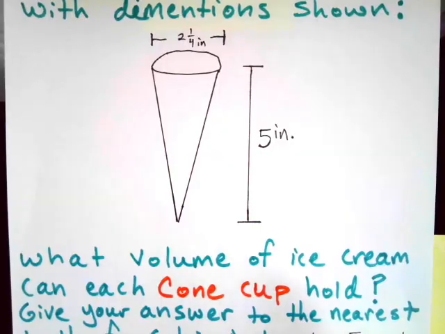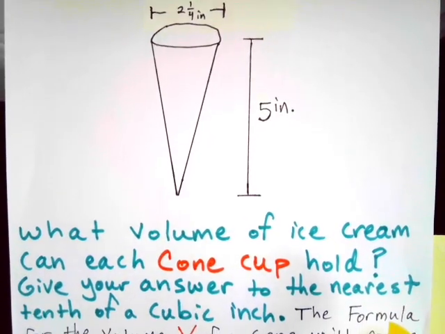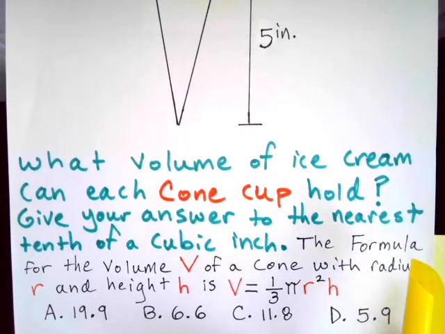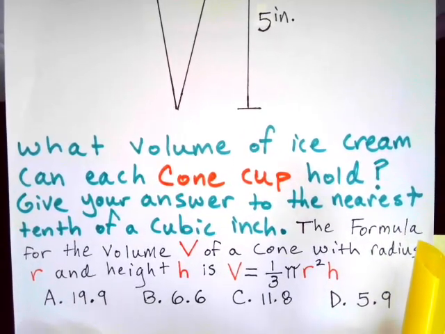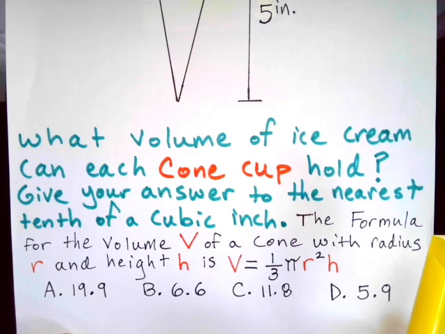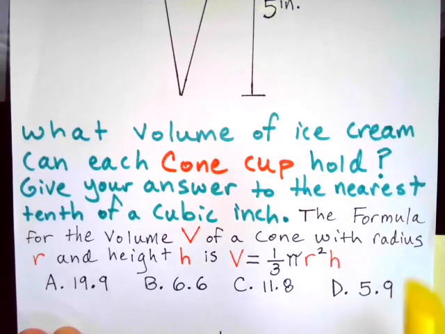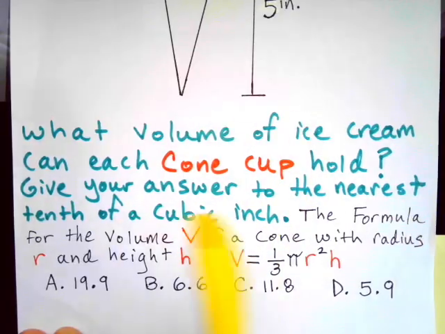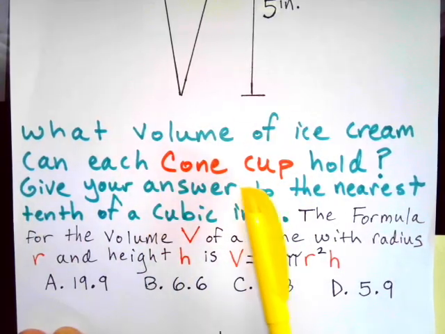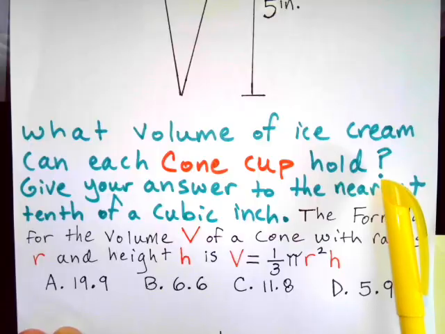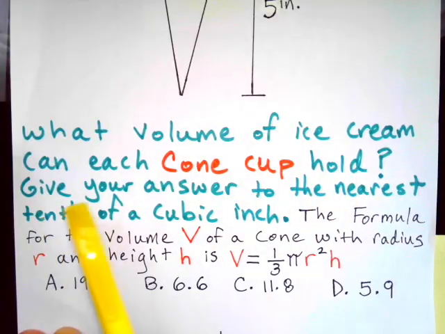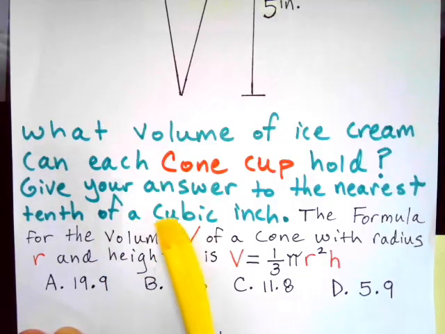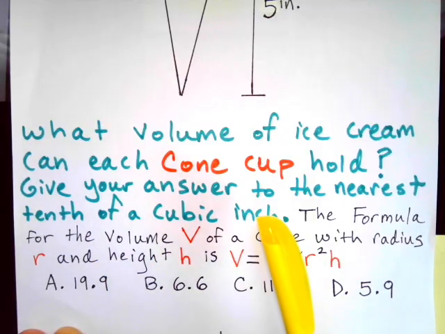I'm going to continue reading the actual problem here and also show you the formula and the different options A, B, C, and D. What volume of ice cream can each cone cup hold? Give your answer to the nearest tenth of a cubic inch.